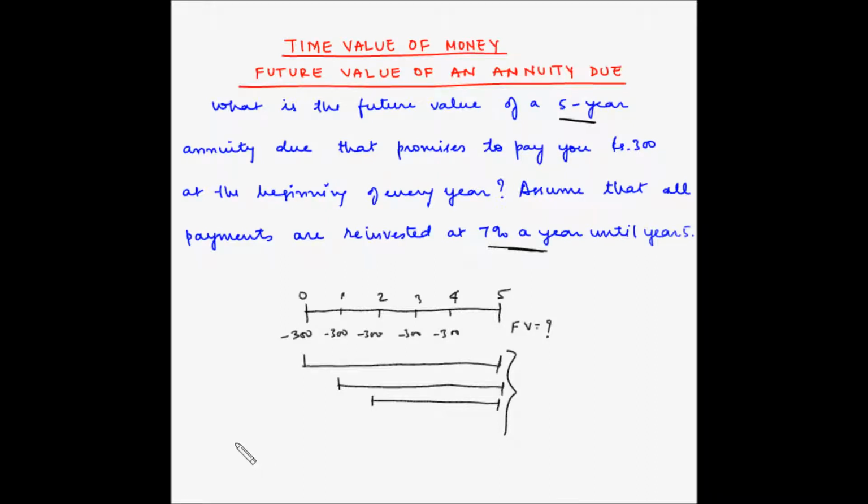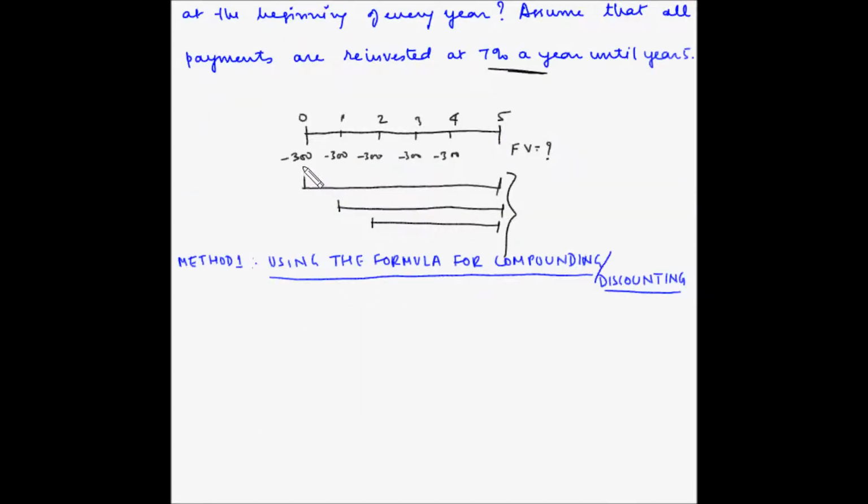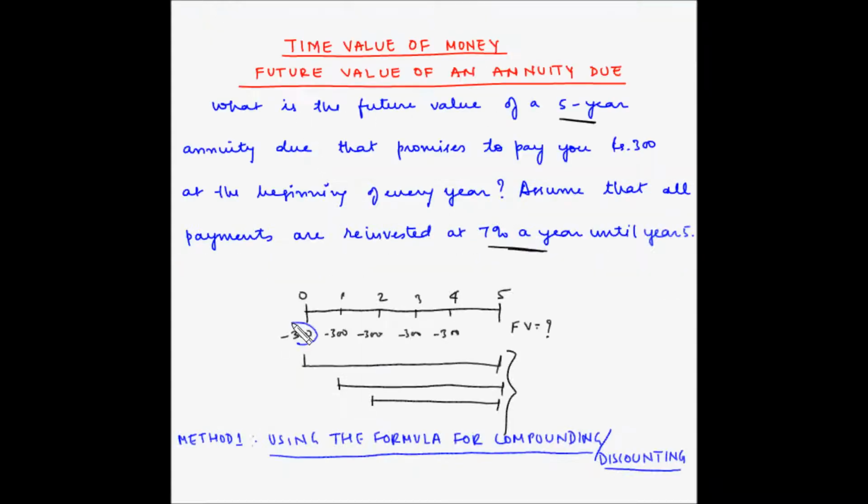So let us look at the first method of solving this example, which is using the formula for compounding or discounting. As we had discussed earlier, this amount of 300 rupees will be invested at 7% per annum up to the 5th year. So basically this 300 rupees will get an interest of 7% for the first year.